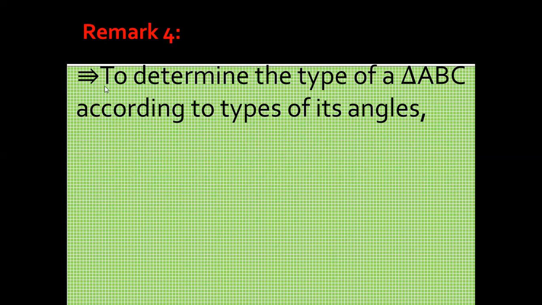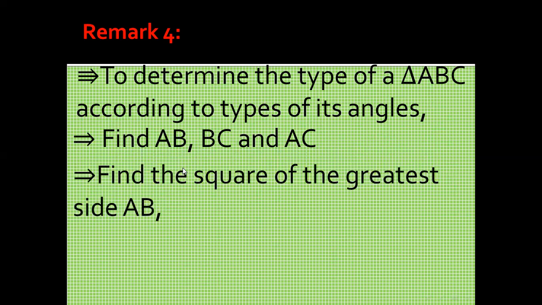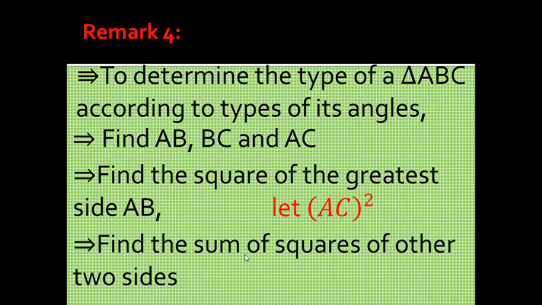To determine the type of the triangle, the first step we find AB, BC, and AC. The second step, find the square of each line segment: the square of AB, the square of BC, the square of AC. The square of the greatest, AC power 2, and the square of the other two sides, AB power 2 plus BC power 2.